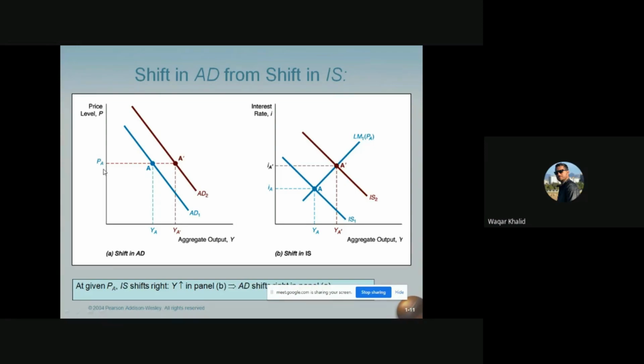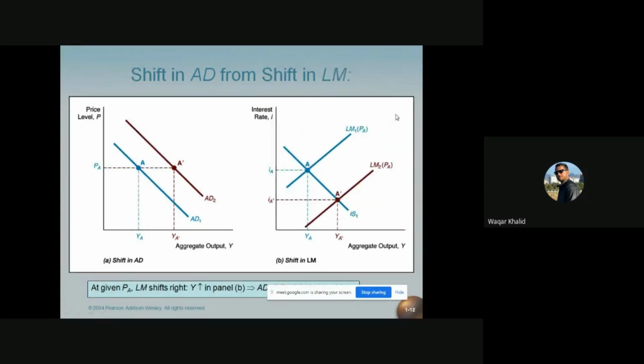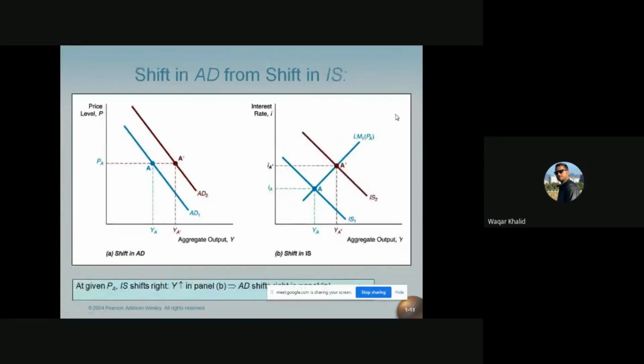What will happen? Initially, the equilibrium output is at YA at the intersection of IS1 and LM1, and the price level is fixed. So IS1 touches LM1 at point A. The rise in government spending shifts the IS curve to the right.